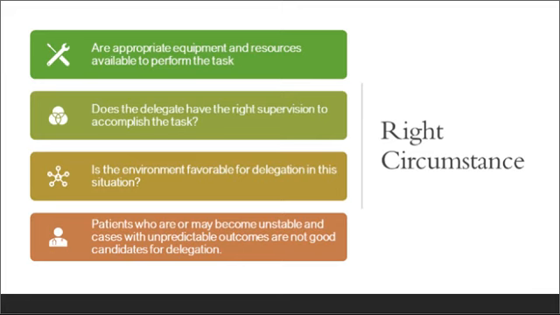So one example, you would not delegate to an unlicensed assistive personnel to assist the feeding in a patient who is high risk for aspiration or has a complicated specialty diet, because then it may not be safe.